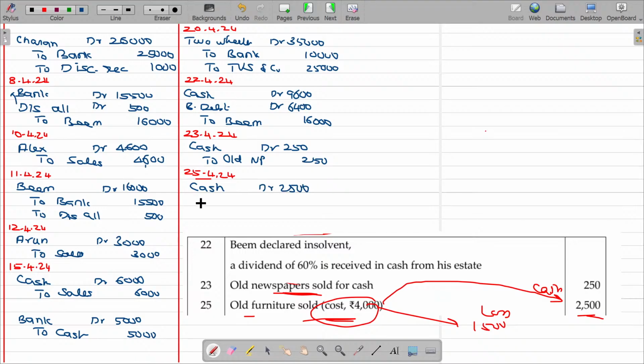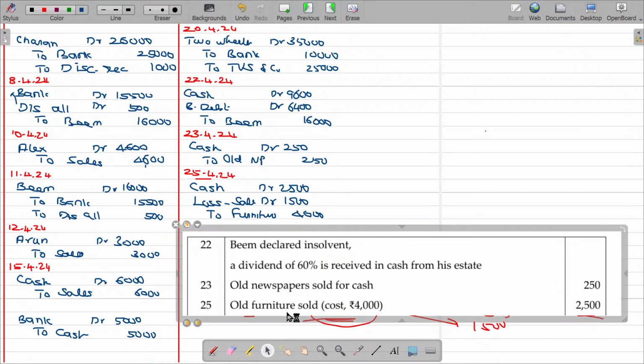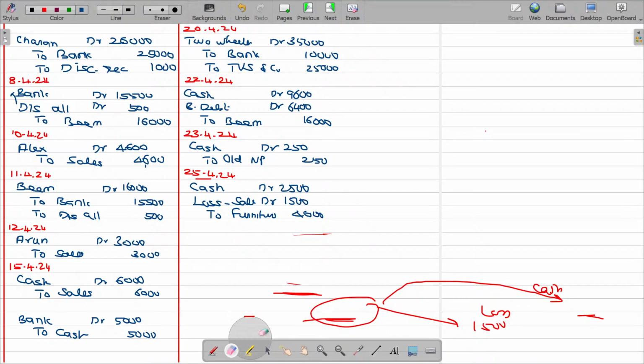You lose, loss on sale 1,500, and you have furniture worth lost here or reduced here to the extent of 4,000. Clear? Hope you will now be able to understand all these journal entries here.